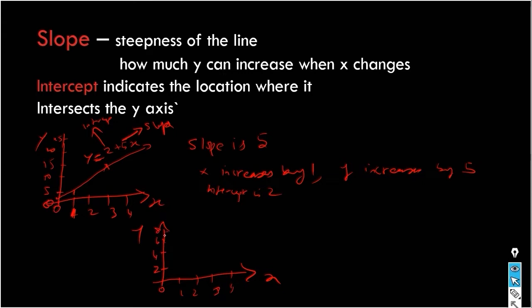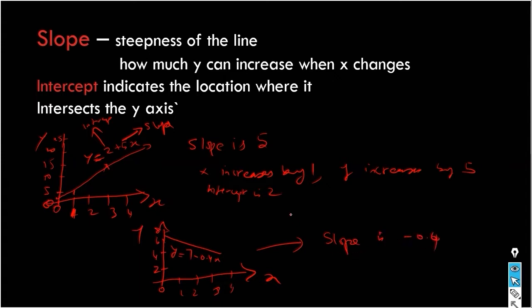And here, if my slope is going down this way, then y is 7 minus 0.4x. So what is the slope here? Slope is negative 0.4.